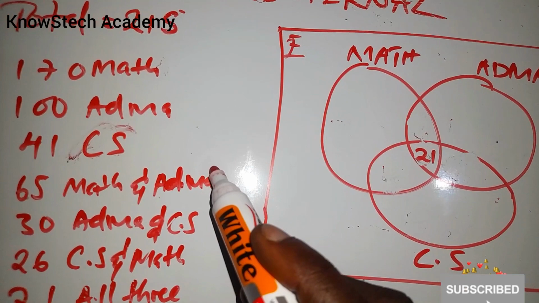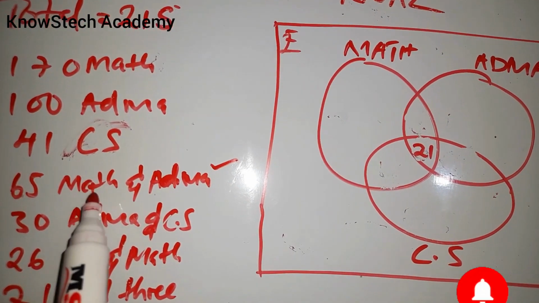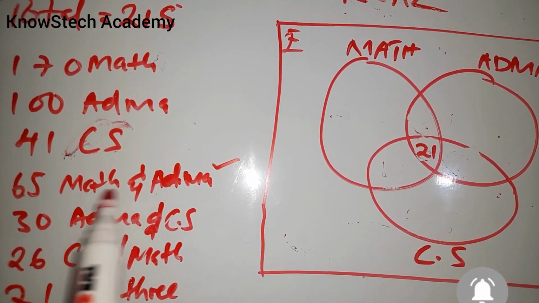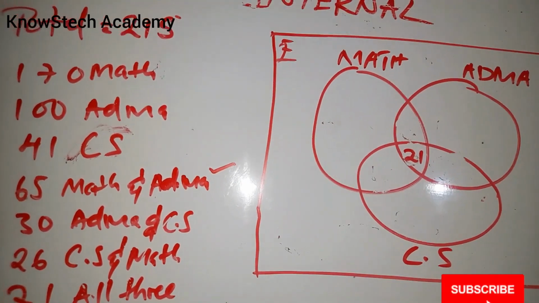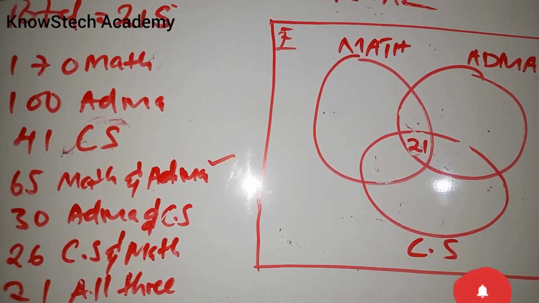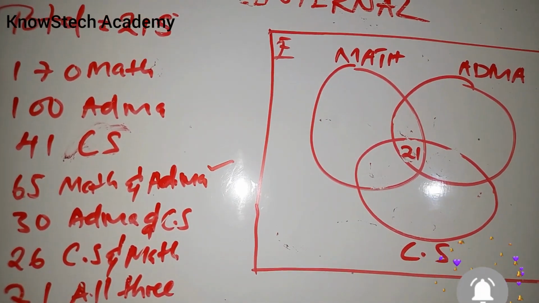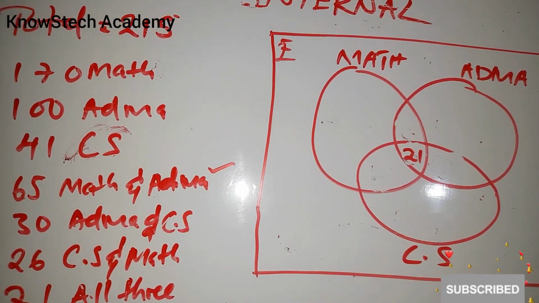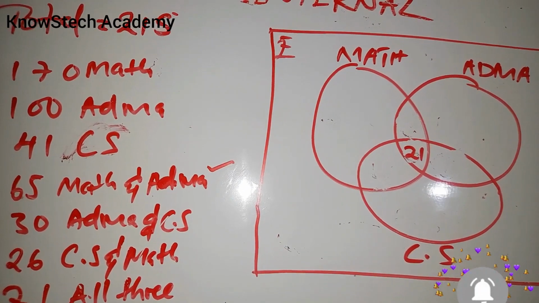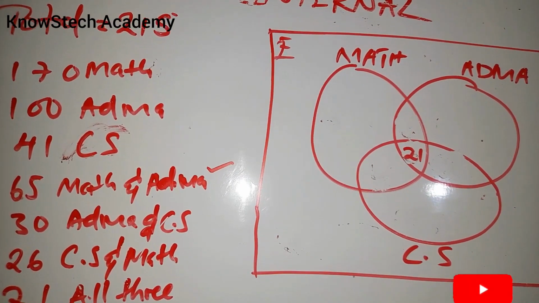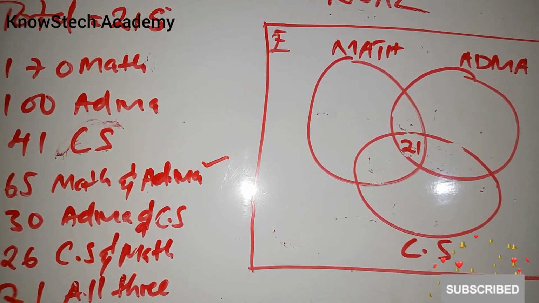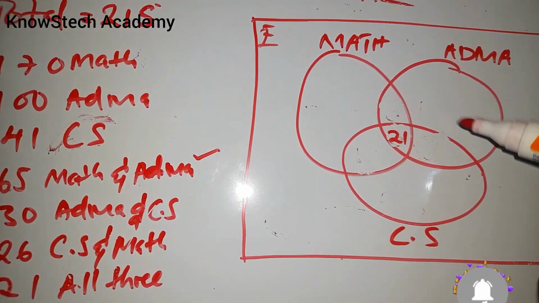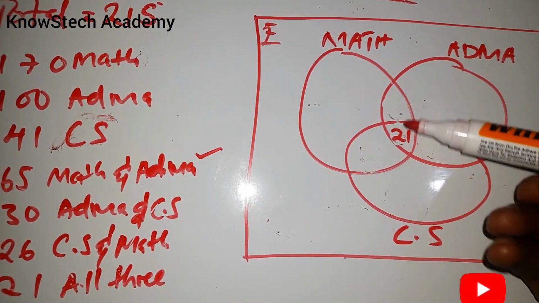Let's start with those who taught mathematics and ADMA. Mathematics and additional mathematics were 65.